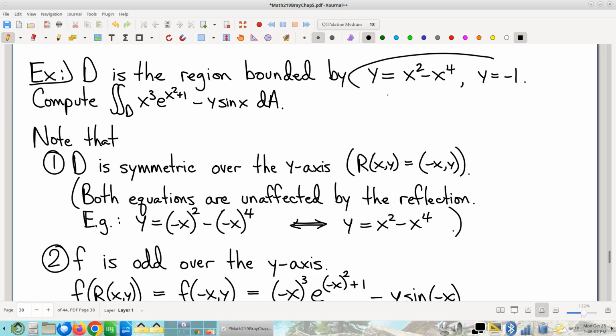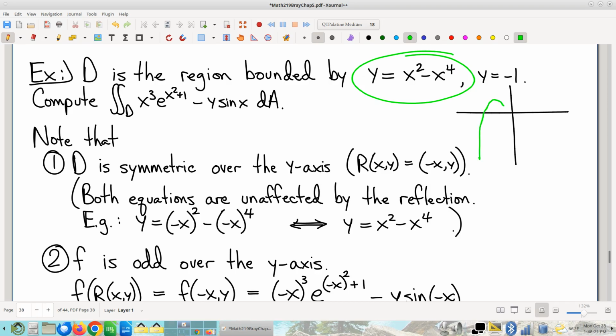Let's draw our domain. Let's draw these two curves right here. And I'm just going to make a rough drawing of these. There's this curve, which looks approximately like that. Flashbacks to Calc 1, right?